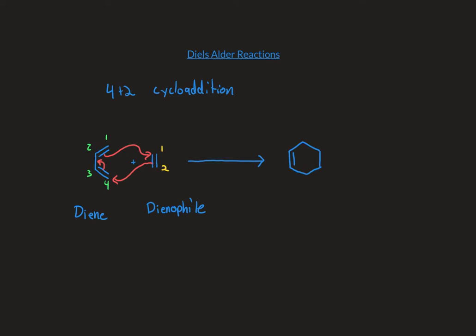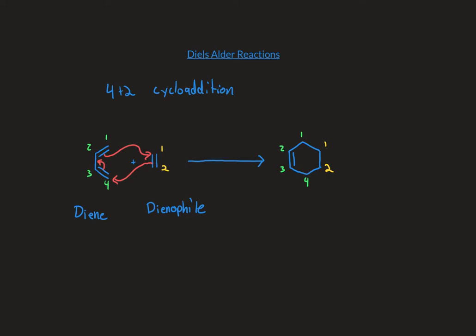This is a cyclohexene. If we were to number our carbons, 1, 2, 3, 4 carbons came from the diene, and 1, 2 carbons came from the dienophile, and there is now a carbon-carbon double bond between carbons 2 and 3 of the diene.